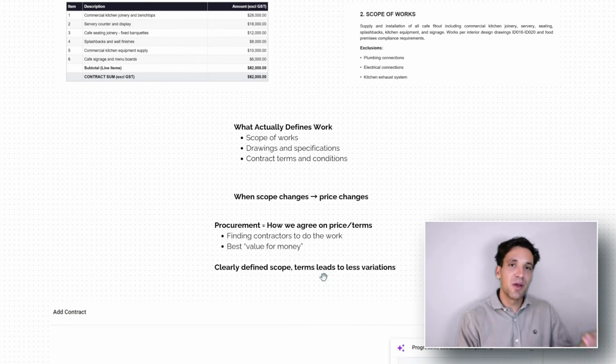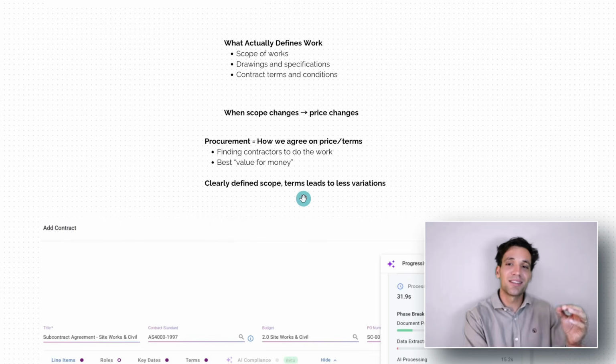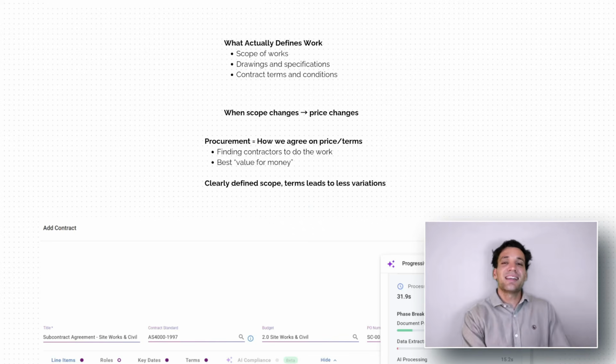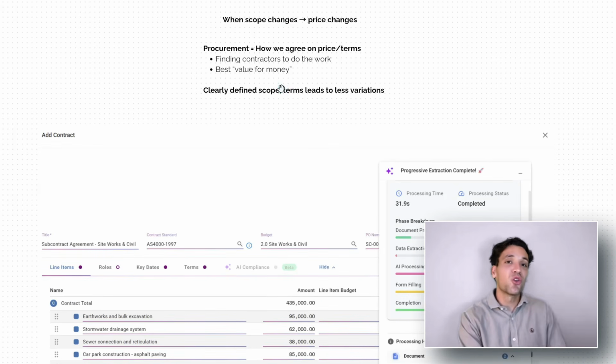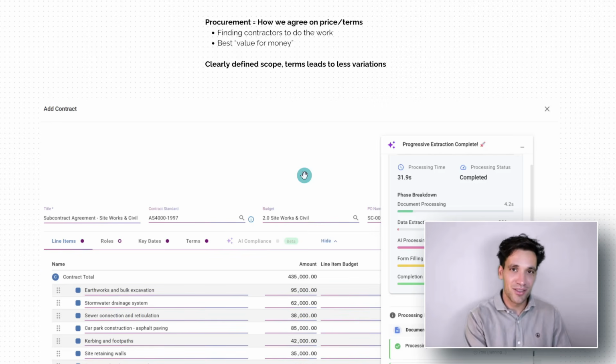You're trying to find the best possible contractor at the lowest possible cost. And the underlying driver behind this is going to be clearly defined scope, terms and conditions that fundamentally is going to lead to less variations during construction. And again, as I said, it's impossible to control all uncertainty, but you can control a lot of it by careful planning and thinking through the actual logistics of how the project is going to be delivered.